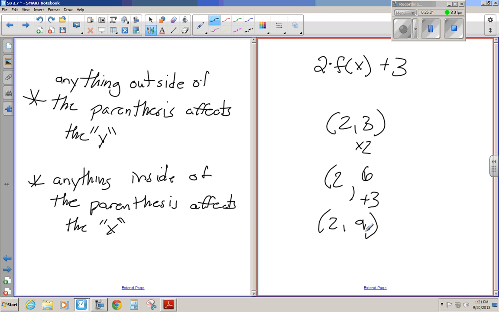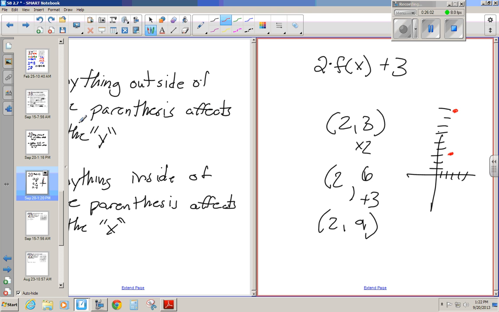So you can just think about each individual part and then graph both. So in a graph, point 2, 3 would get stretched out to 2, 9. Okay, it got doubled and then got pulled up by 3.